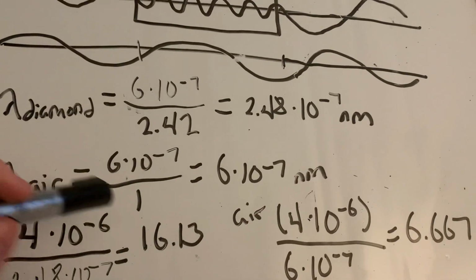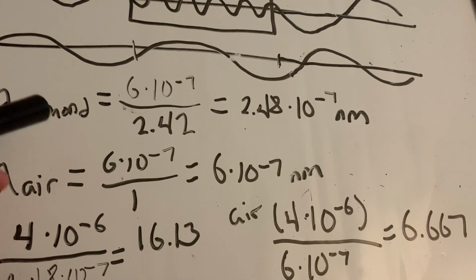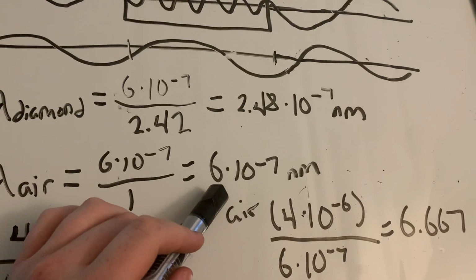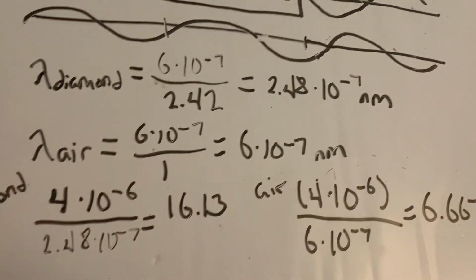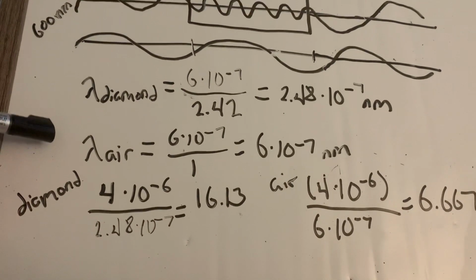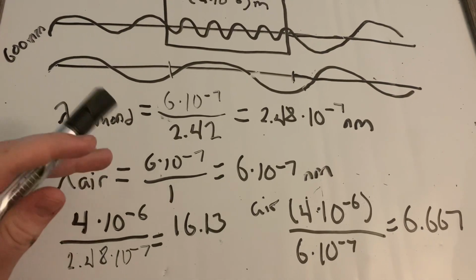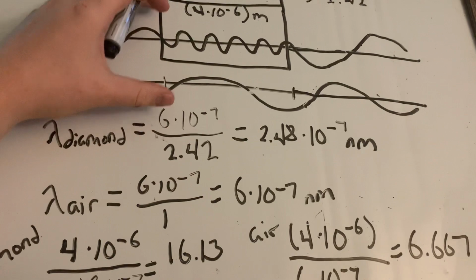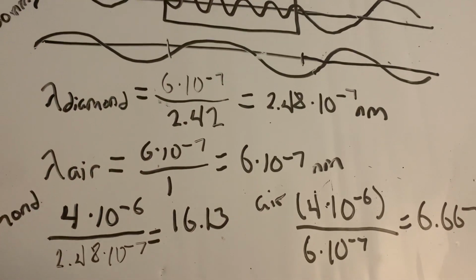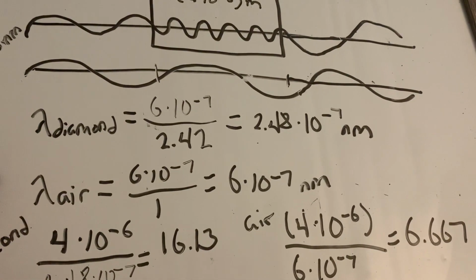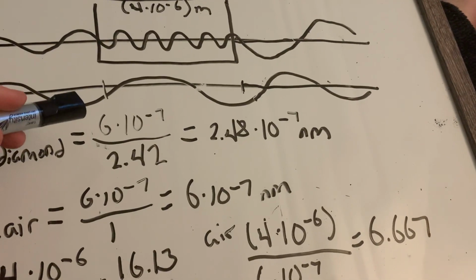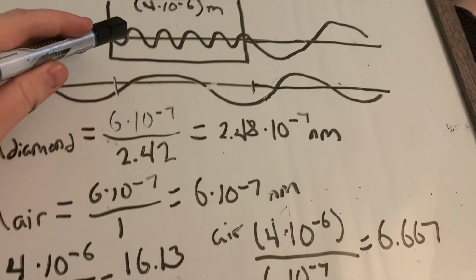And for air, since it's so close to 1, I just went ahead and used 1 and kept this basic wavelength here. And so after we find the wavelength through this section, we can find out how many oscillations these waves will do through this material.